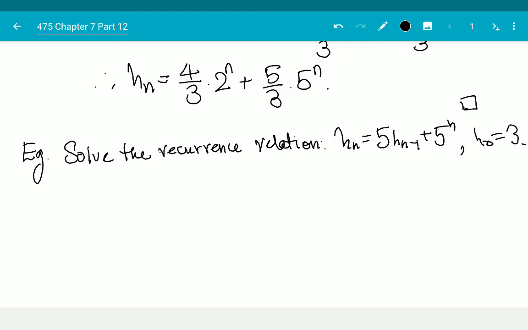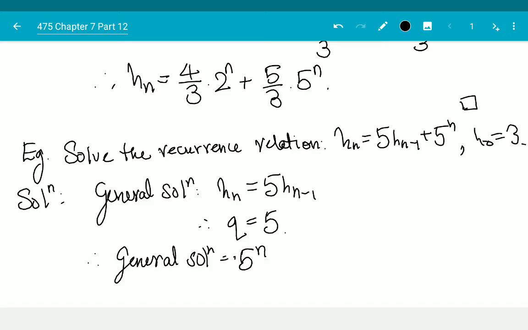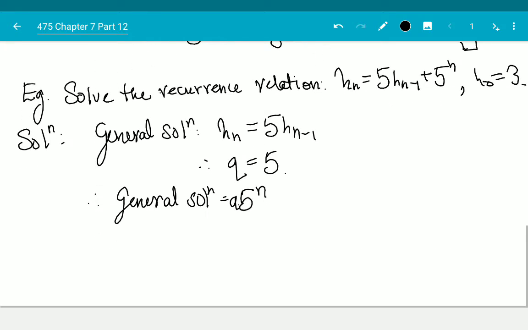I have replaced the 2 by 5 here. General solution: not much has changed. 5 h of n minus 1. Therefore, q is equal to 5. Therefore, general solution is a times 5 to the n, right?